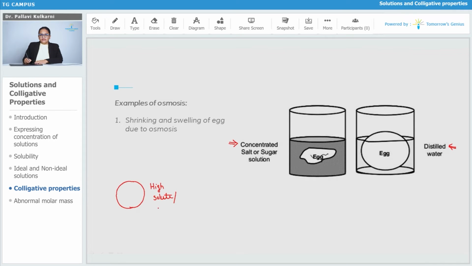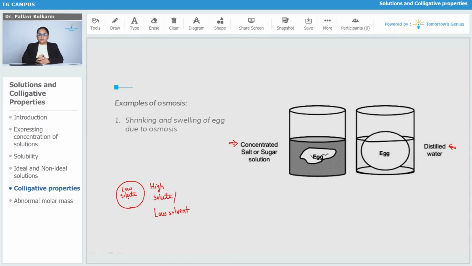It can also be called low solvent concentration. If solute is high, solvent will be low. What about the inside of the egg? Obviously, compared to the outside, inside there is low solute concentration, or high solvent concentration.